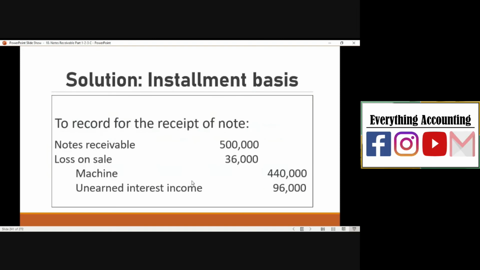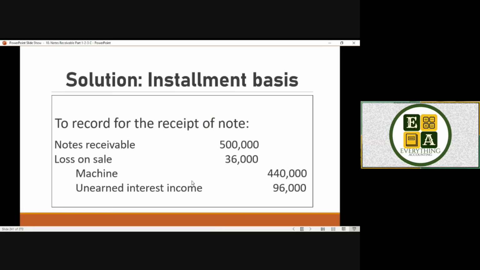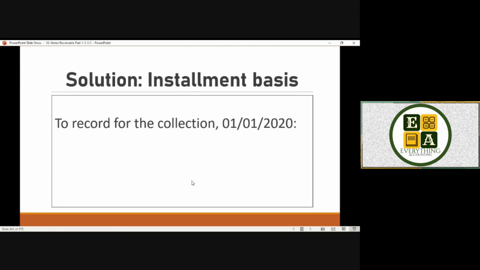Record the receipt of the note with debit notes receivable 500,000. Then debit loss on sale for 36,000. Credit machine for 440,000 and credit unearned interest income of 96,000. To record the collection for January 1, advance payment, debit cash and credit notes receivable 100,000.